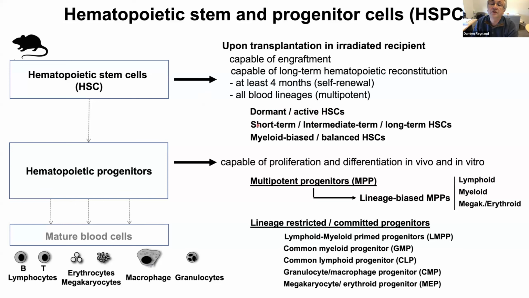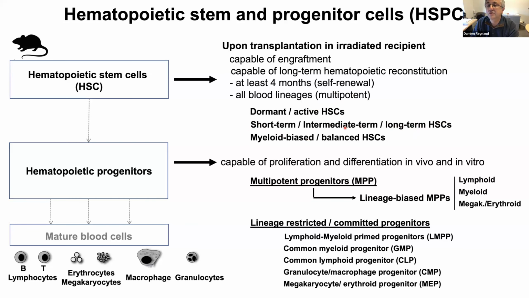People also have looked at the difference in self-renewal potential, and they find short-term, intermediate-term, and long-term HSC. Long-term HSC are the ultimate stem cells, which are capable of infinite reconstitution ability for many years.